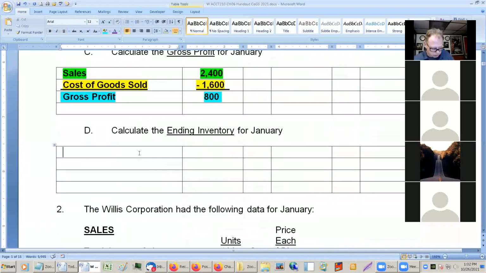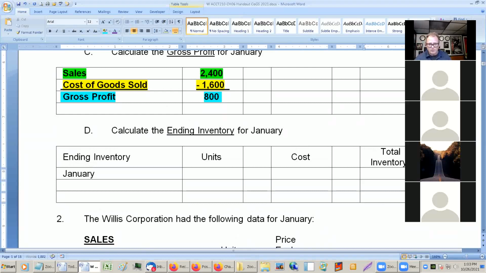Okay, so coming down here, this would be for January, I guess. At the end of January, we'll have units, we'll have cost, and we'll have the total inventory.